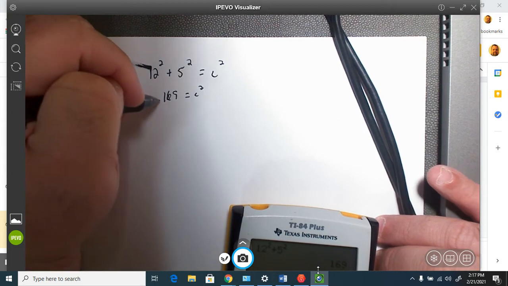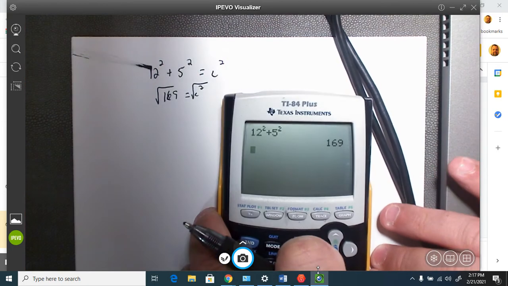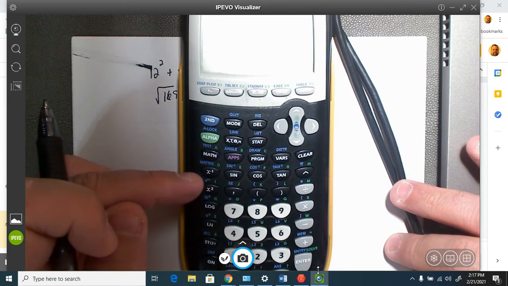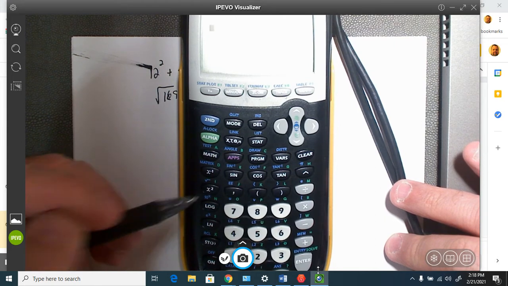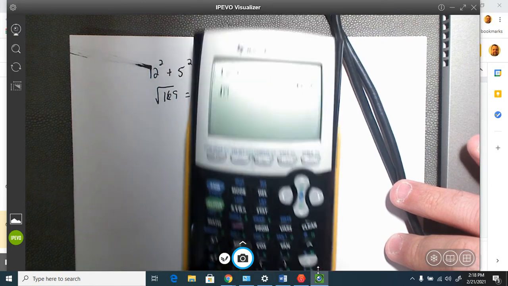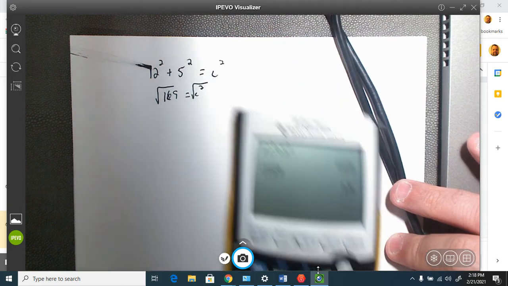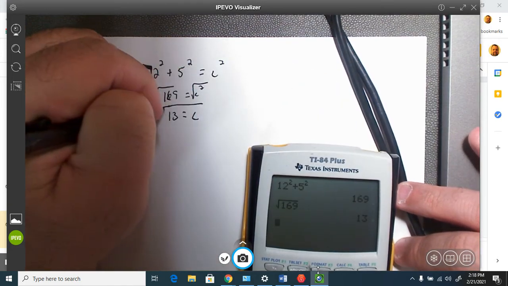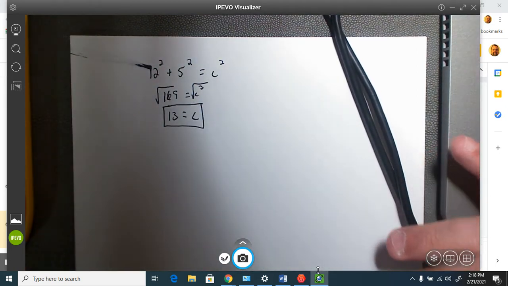To finish that off, I'm just going to take the square root of both sides. The square root is right here in blue above the button, so you hit second, squared, 169. And so C is 13. It's pretty straightforward when you use it correctly.